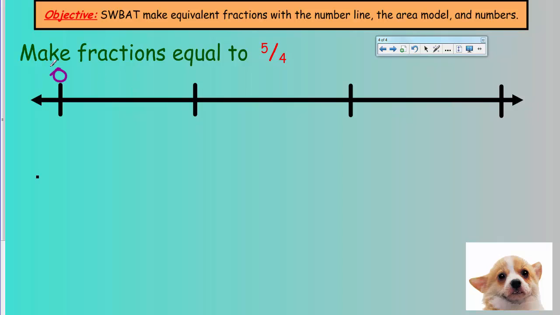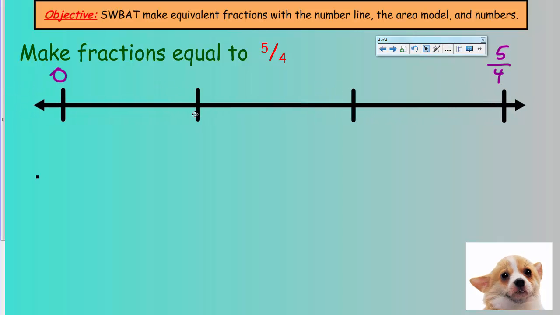So here we have, again, our 0. And now, in this case, probably want to show the 5/4 here. Now, I don't think this number line is going to work that great, so let me do this. Because what we basically need is to first find what our whole is going to be. So if that's 5/4, might even be better to do this.